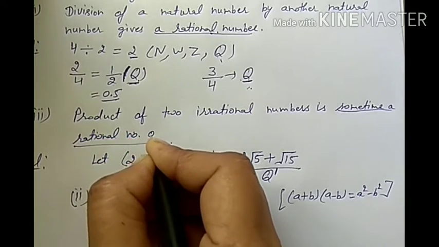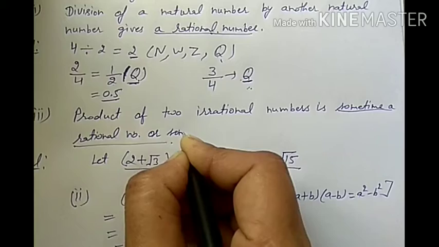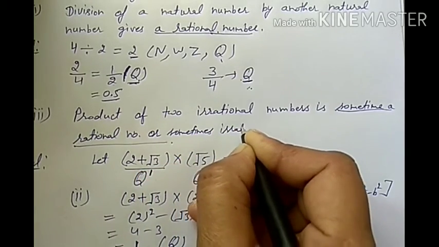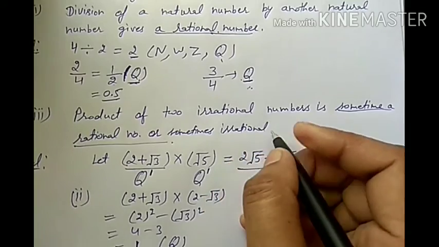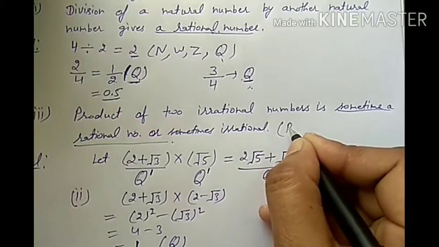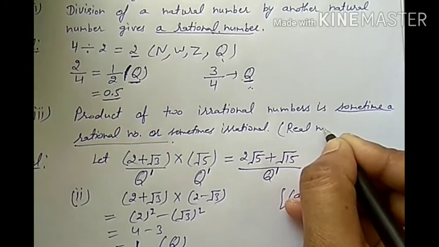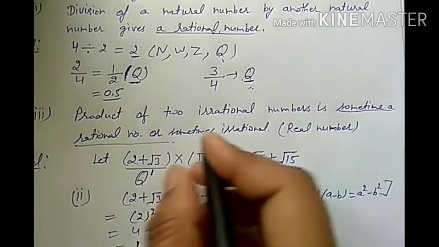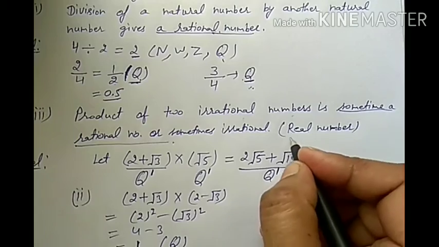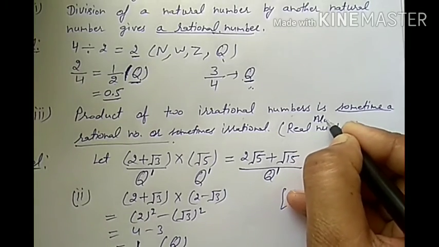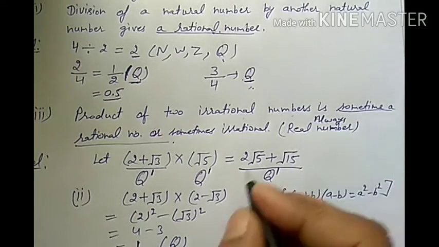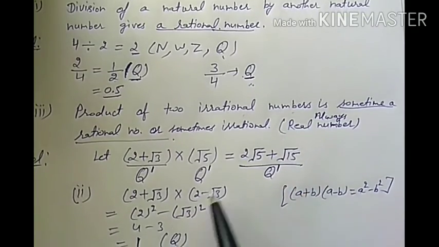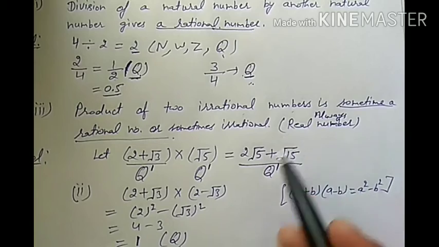or sometimes irrational. Otherwise, you can write real number. Product of two irrational numbers is always a real number, because irrational numbers are also real numbers and rational numbers are also real numbers.